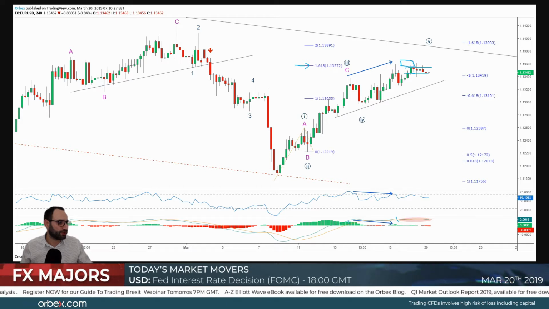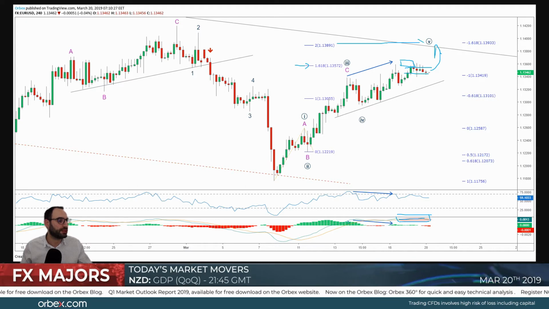But we are not seeing any moves on the moving averages, so they are pretty flat, which indicates that we might see another move to the upside where we will be able to complete some sort of an impulse wave near the 114 psychological level.